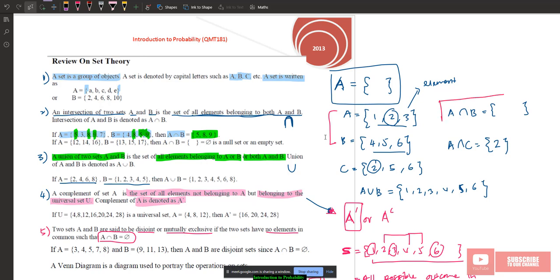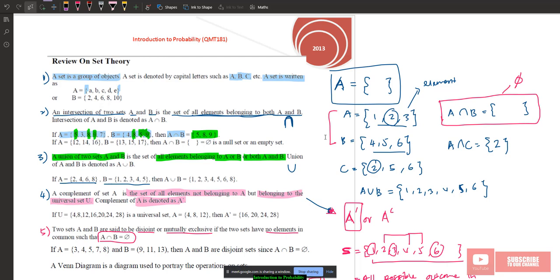So the intersection of A and B is a null set, right? It means these two sets are mutually exclusive. There is no intersection between these two sets. So that's why we call it a mutually exclusive event.